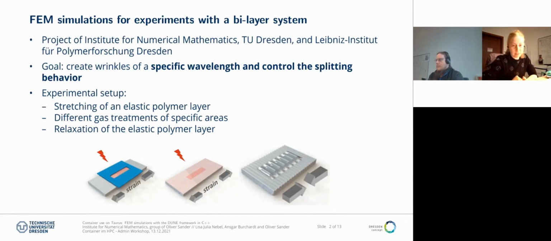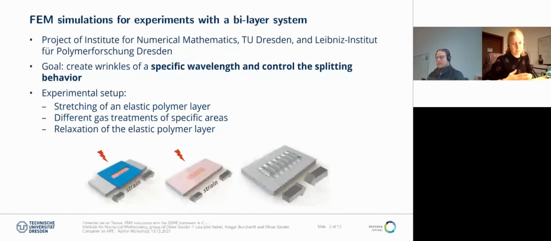And here on the bottom of the slide, you can see the experimental setup. So we start with an elastic polymer layer, and we stretch that, and then different specific areas get different gas treatments, and this creates different material properties depending on the gas treatments that the areas receive.